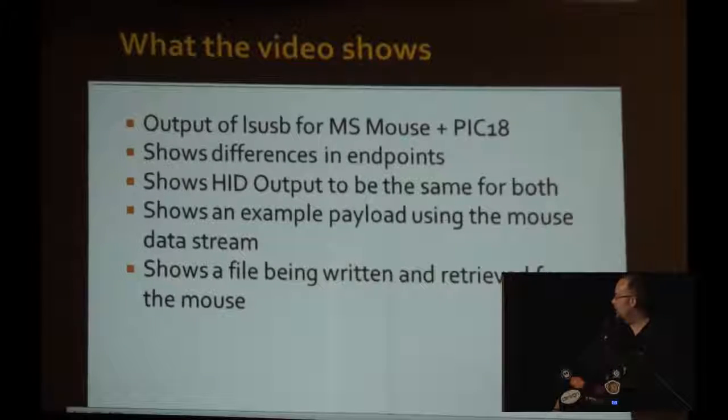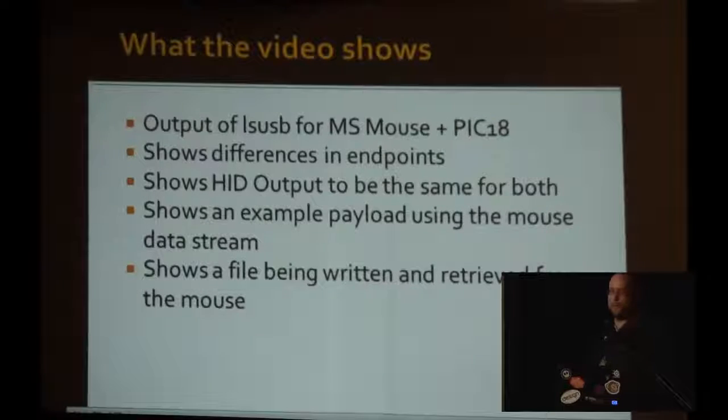The other thing is, after that, we are going to show that the HID output is exactly the same for both the Microsoft mouse and the mouse that I built. I will move the mouse around and it'll produce something, and then I'll move my other mouse around and it'll produce basically the same data. So it shows that there's nothing special about that data stream whatsoever.